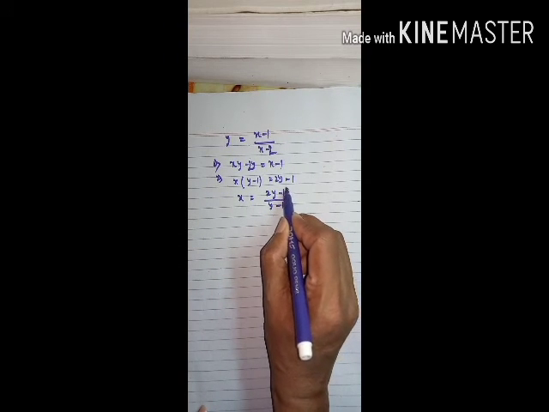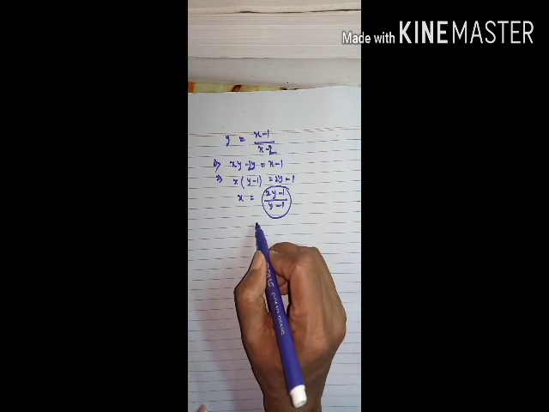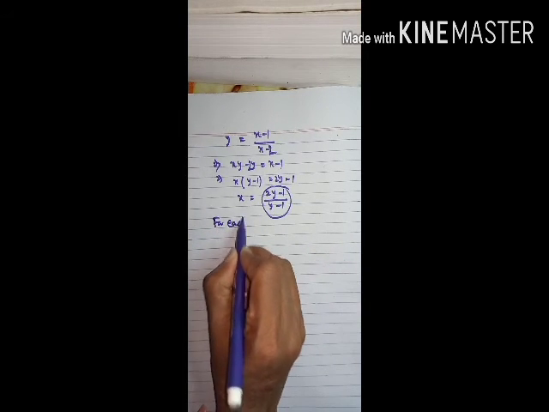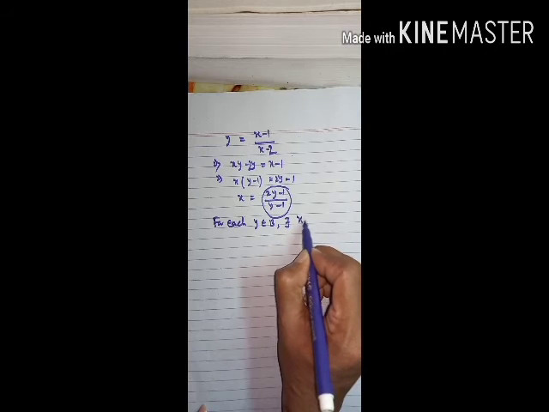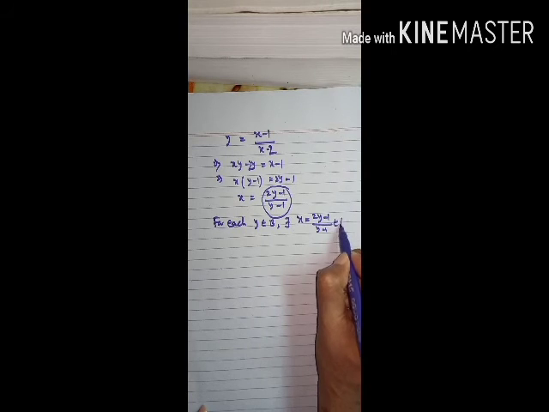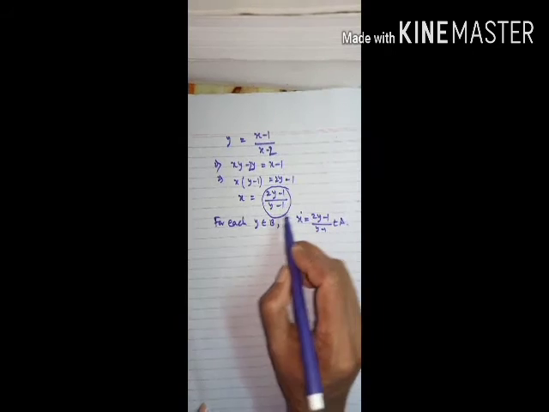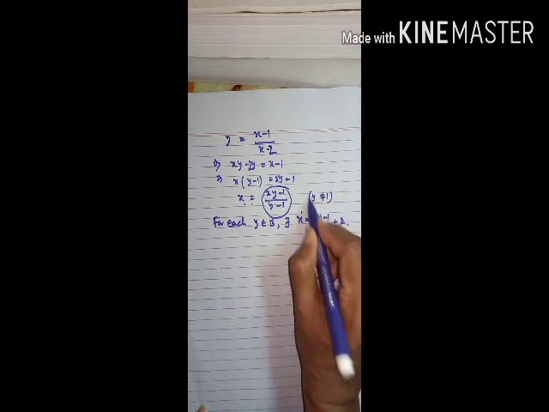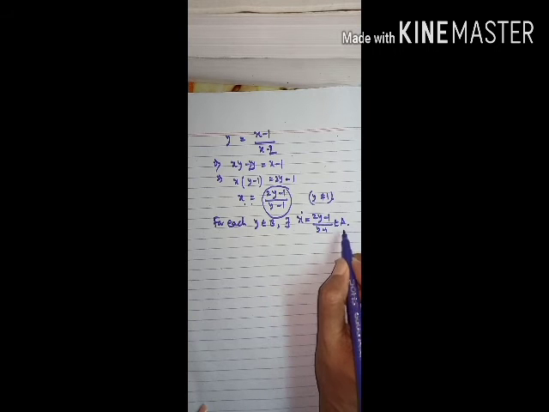We know x belongs to A. So for each y belonging to B, there exists x equal to (2y minus 1) by (y minus 1), which belongs to A. Here y is not equal to 1.